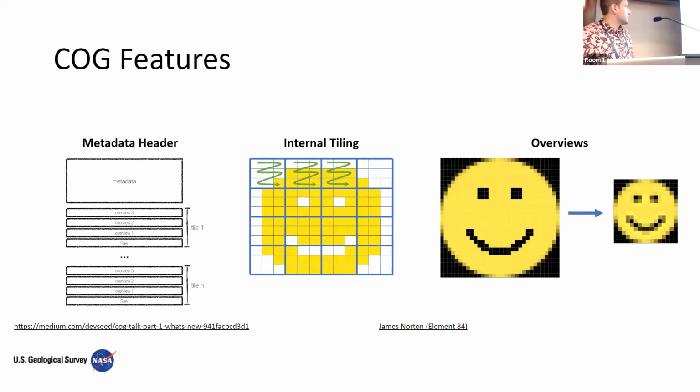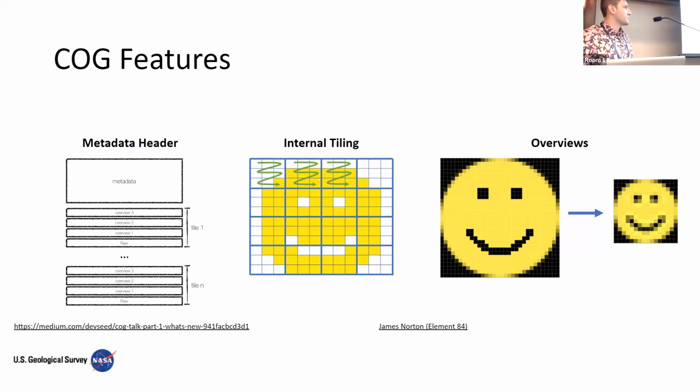A couple of the features, and like I said, this is not novel stuff. These are kind of standing on the shoulders of giants here, people who have talked about this before in much better terms. But a couple of the features is kind of a reorganization of the internal metadata that essentially brings the information that tells you where things are in the file up to the top of the metadata header, so that you can make efficient reads and know where that information is within that file.